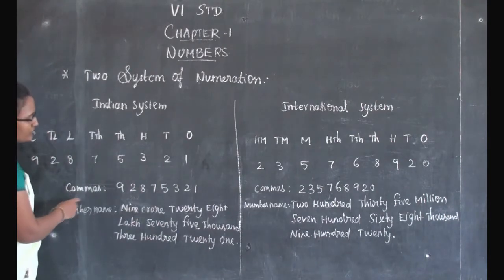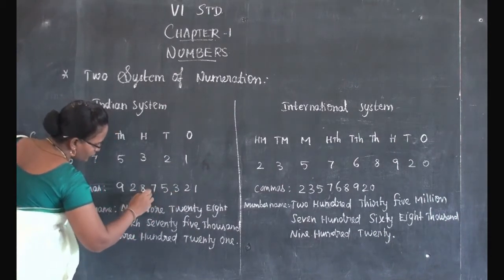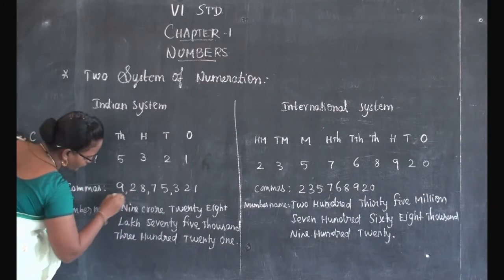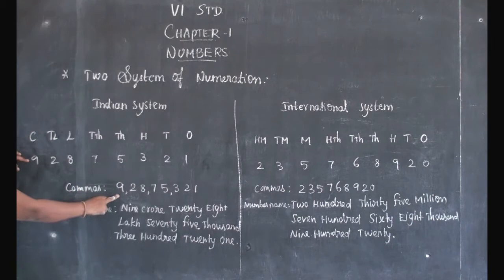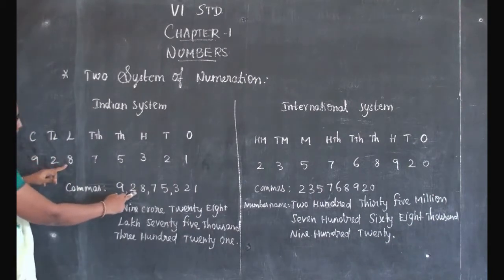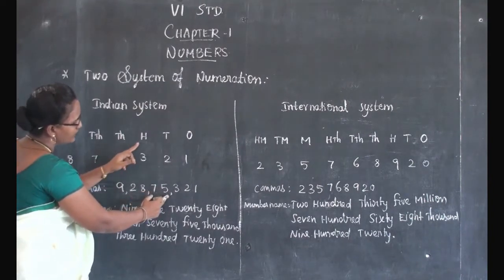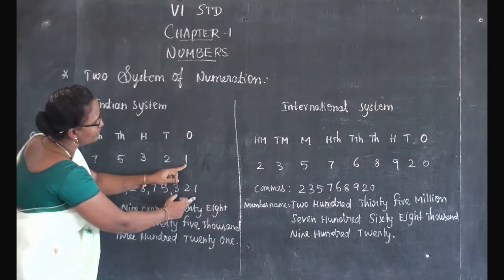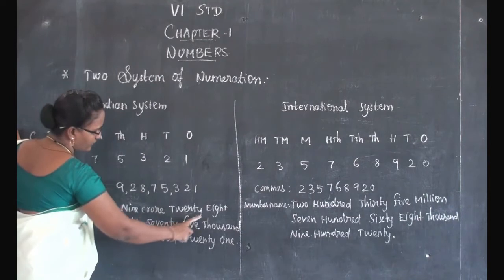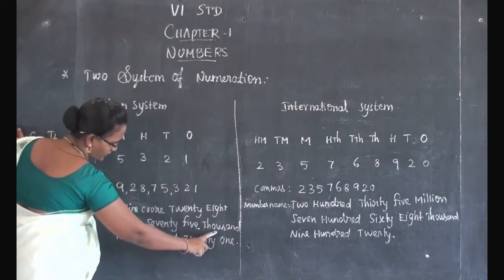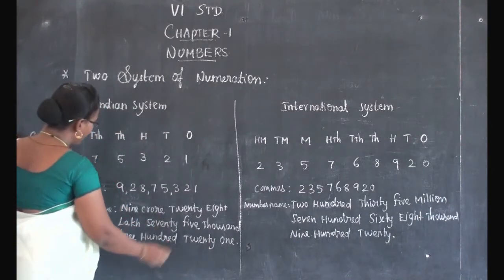In Indian system, the commas are put after the first 3 digits, and then after every 2 digits. So how will you read that? 9 crores, 28 lakhs, 75,321. So in number names, 9 crore, 28 lakhs, 75,321. Don't put commas in number names.